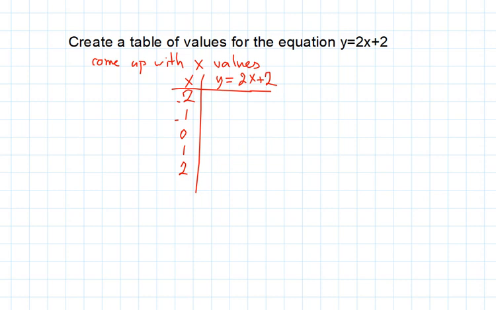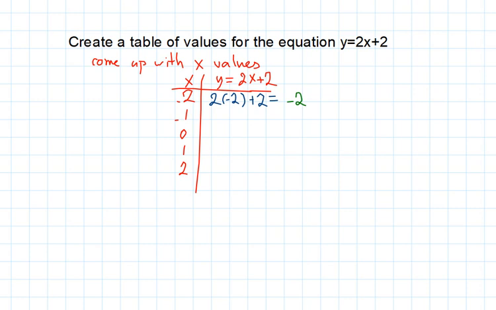So when you work that in for y, you're gonna get 2 times x, which is -2 for this point here, so 2 times -2 plus 2, and that equals the value that we want, which is -4 plus 2, which is -2.